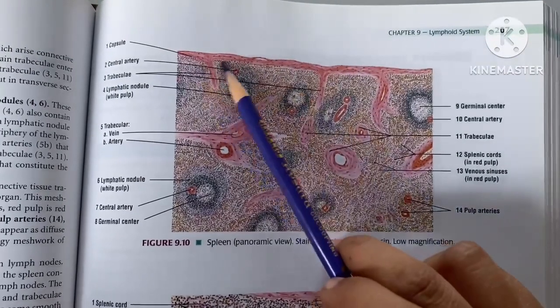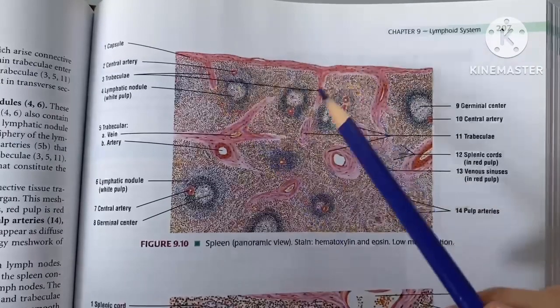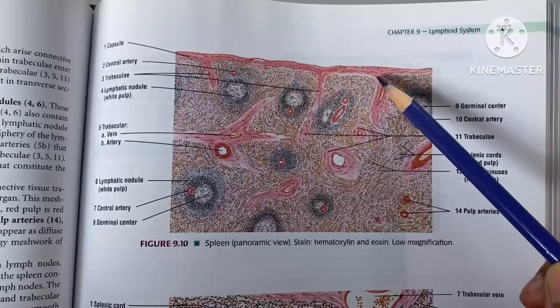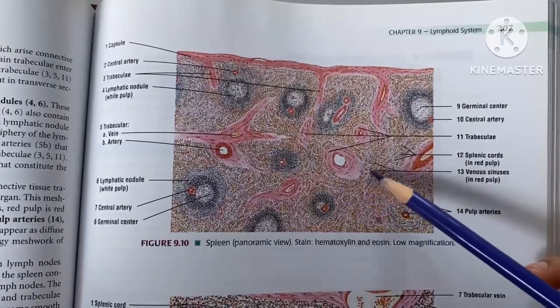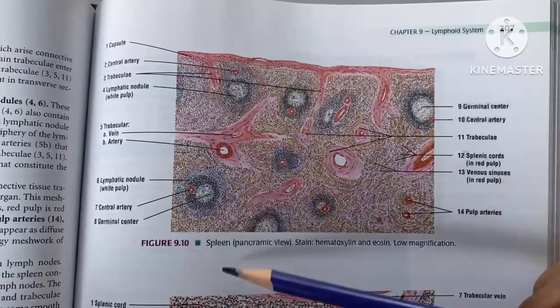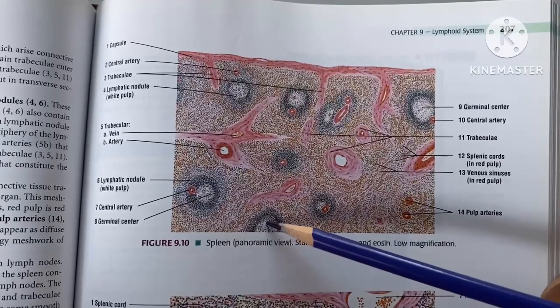Spleen is covered by a capsule. So from the capsule, the septa enter within the spleen and divide. So blood vessels enter through the hilum of the spleen.